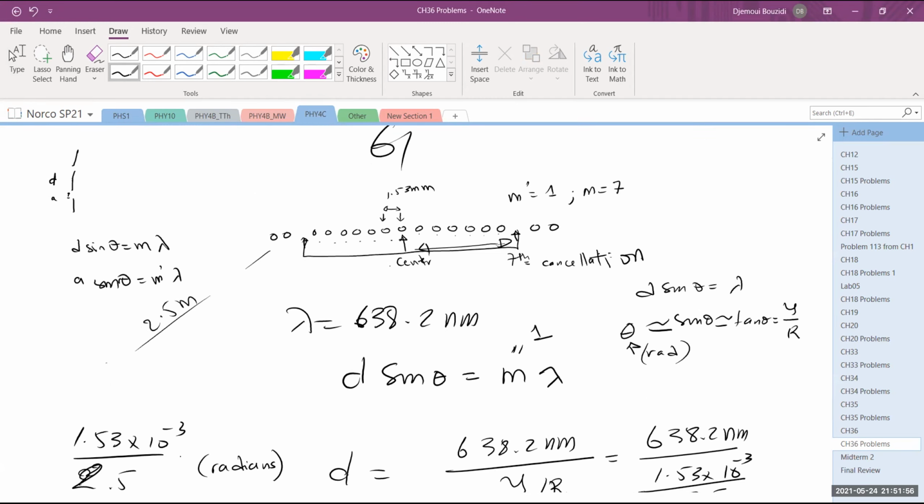Your physics study partner tells you that the width of the central bright band in a single slit diffraction pattern, because this entire thing will be a single slit, is inversely proportional to the width of it. This means that the width of the central band increases when the width of the slit decreases. So if you make a smaller, this will become bigger. And that's true.